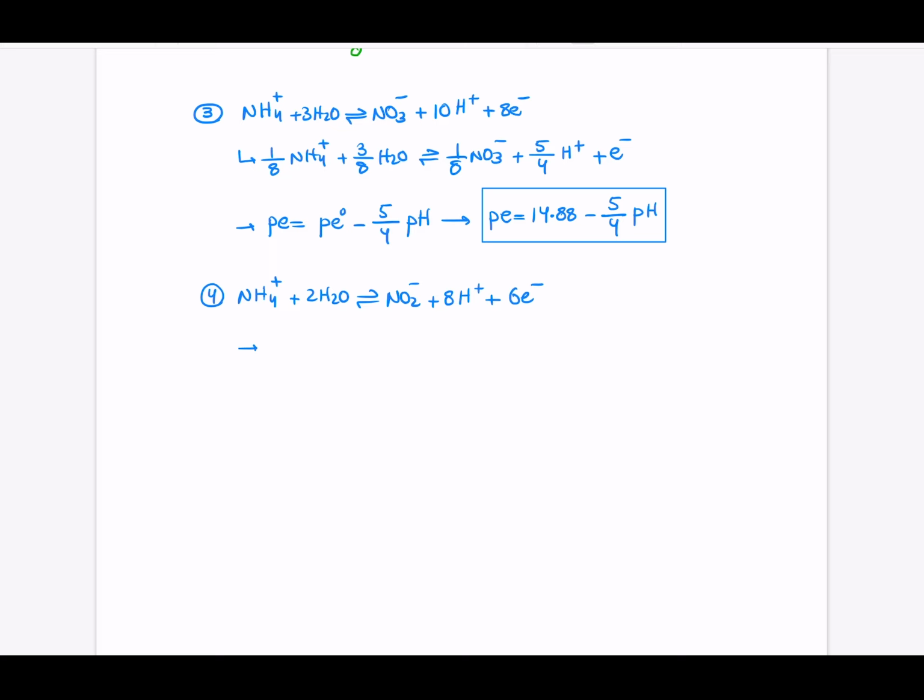I'm going to skip 2 steps now, so then it would be eventually PE equal to PE0 minus 4/3 pH, PE equal to 15.08 minus 4/3 of pH.